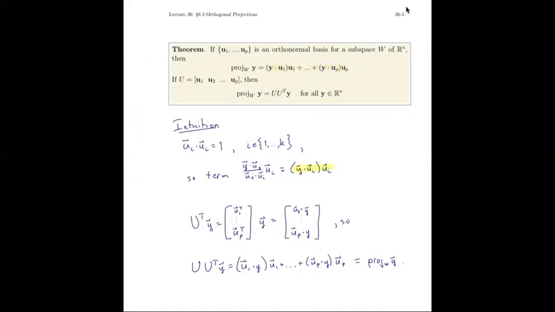The next one's just a matter of notation, right? So U transpose times y. Remember, U transpose is the matrix U in which the columns have been switched to rows. Well, if I write U transpose y down first, so first this matrix product, and then I'll multiply the result of this by U in order to get the full matrix product. But U transpose y is equal to, so I write down my column vectors, but they're now rows. u1 transpose as a row through up transpose as a row.